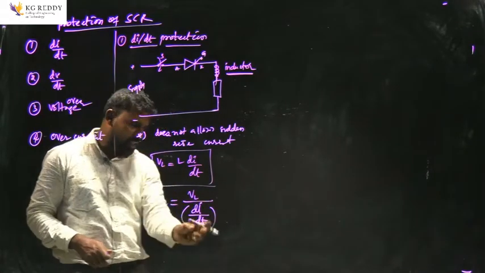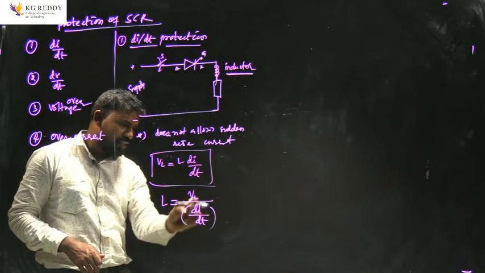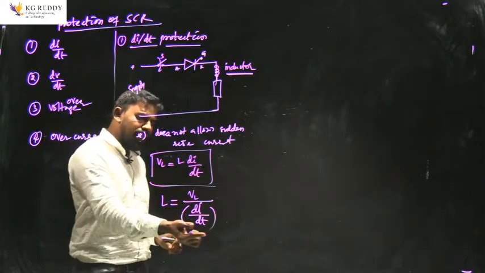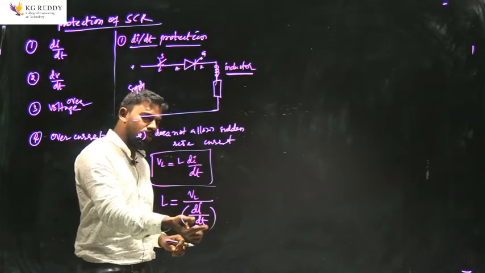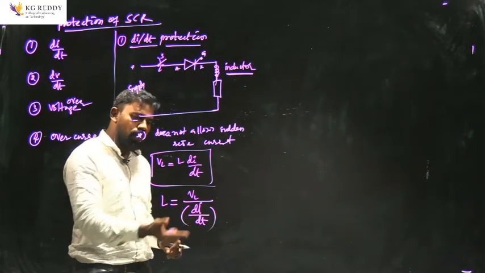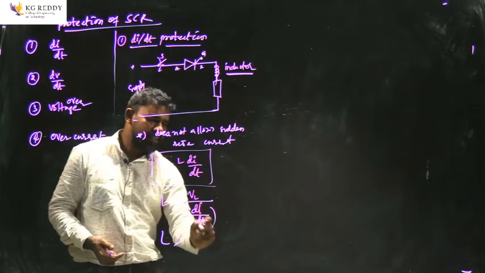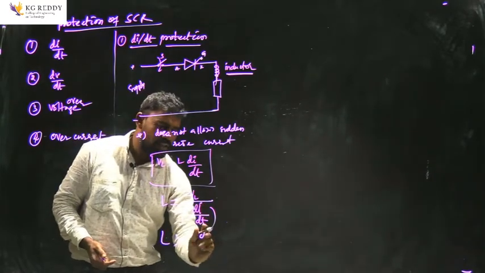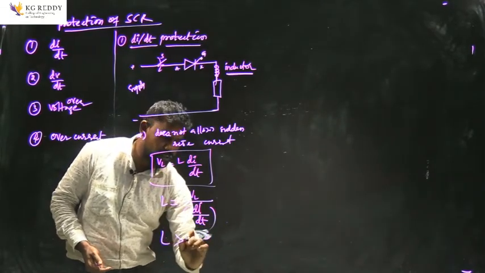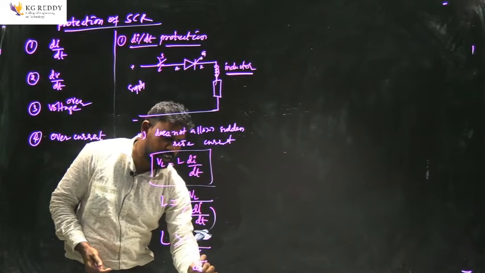Now you can observe: if the inductor value is very small, it allows a more sudden rise of current. To avoid this problem, we use L greater than V_L divided by di/dt.